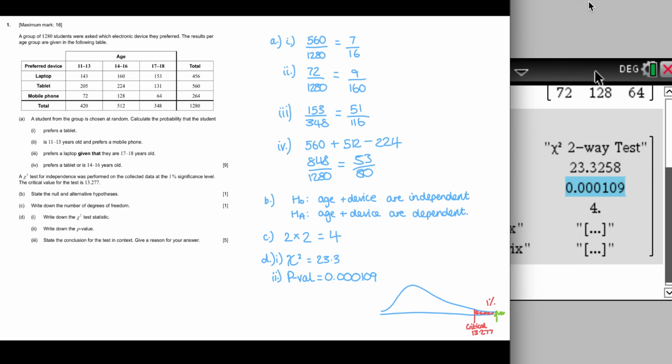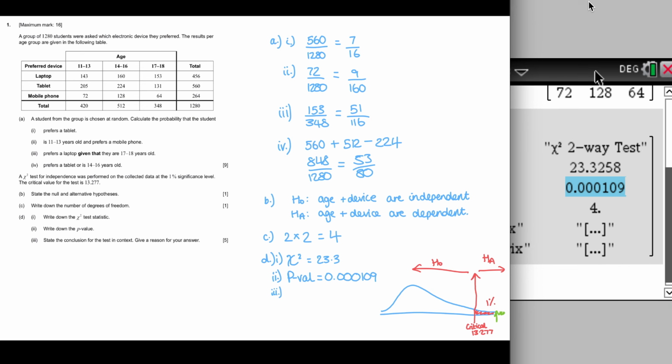Since the critical value is the critical bit that tells me whether I take the initial hypothesis or the alternative hypothesis, we can therefore see that we are definitely in the alternative hypothesis area, and therefore we should be taking the alternative hypothesis.